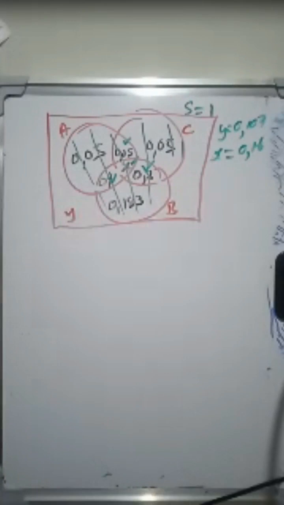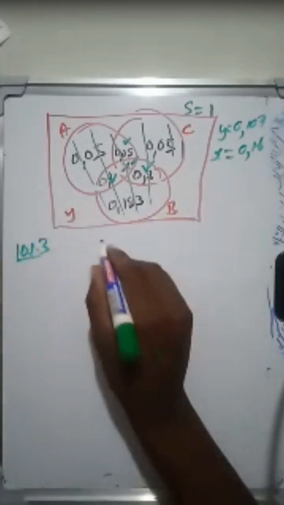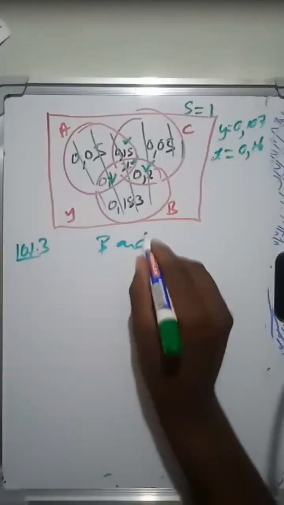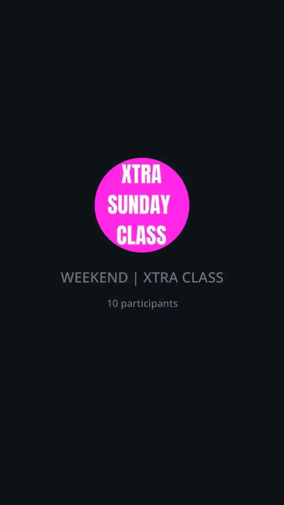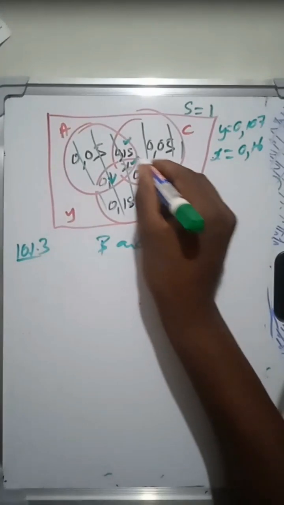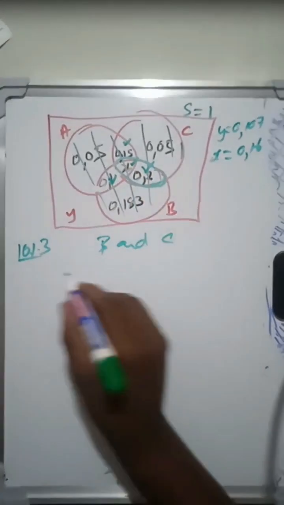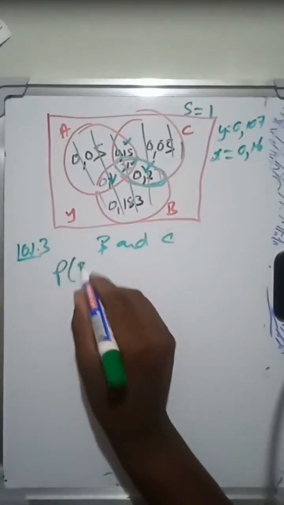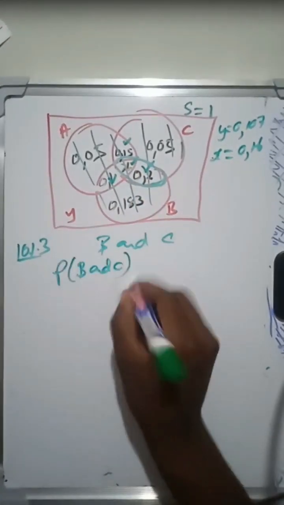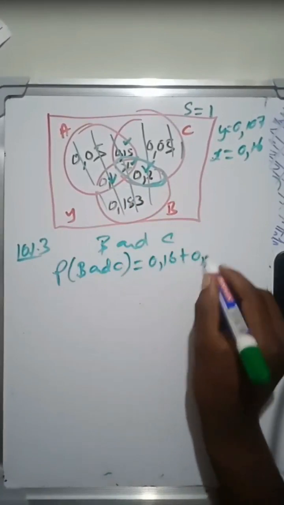Are events B and C independent? 10.1.3. B and C, are they independent? Which one is B and C? B and C is that one. Okay? So probability of B and C is going to be 0.16 plus 0.2.